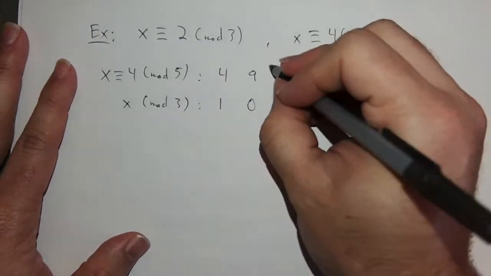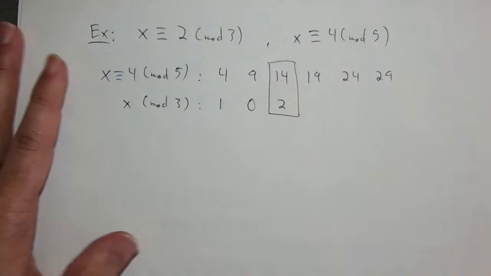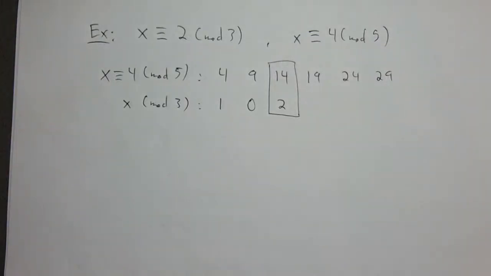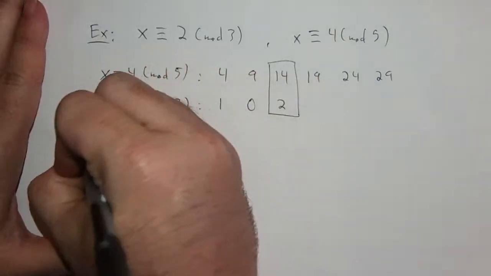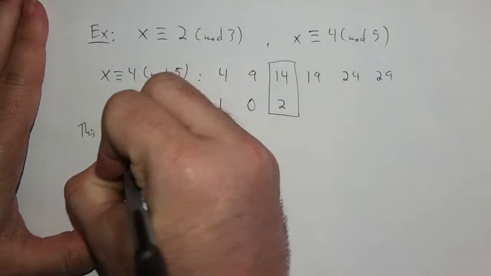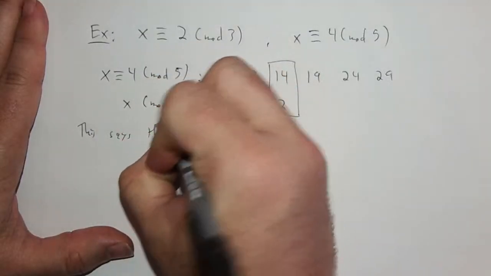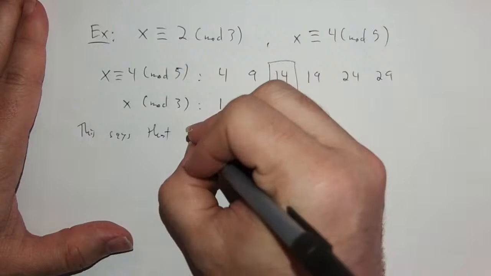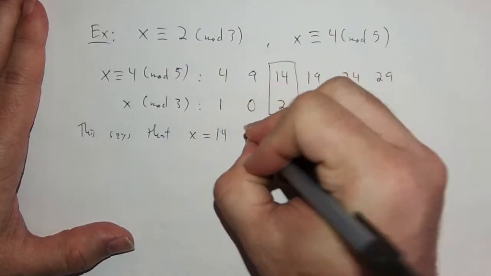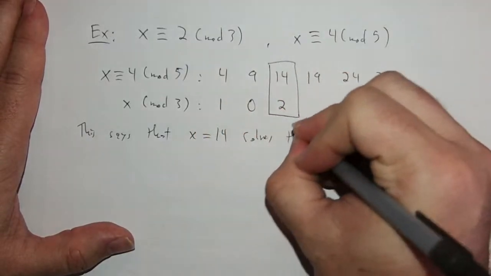And I stop. Okay. What does this say? So this says that x equals 14 solves this system.